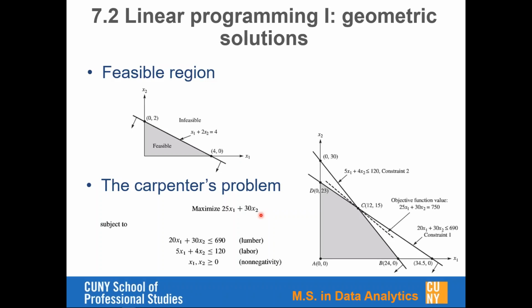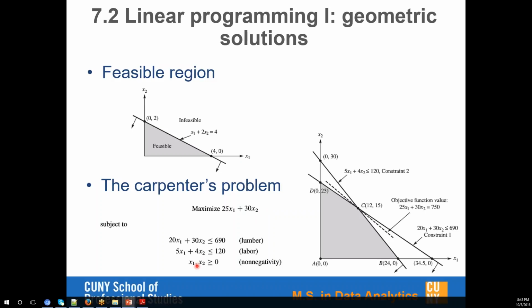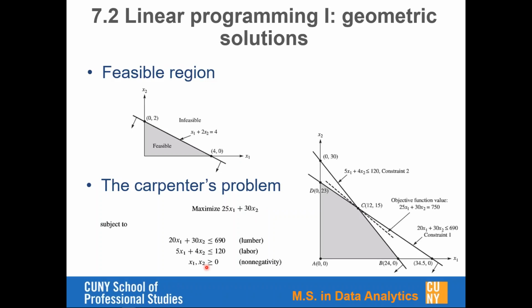On the other end, there's a labor constraint that you can only spend 120 hours on producing the chairs and tables, so we can set up the second constraint. Meanwhile, X1 and X2 have to be greater than or equal to 0.